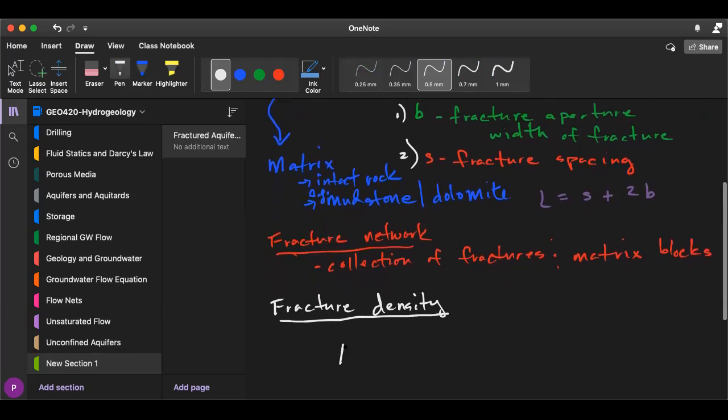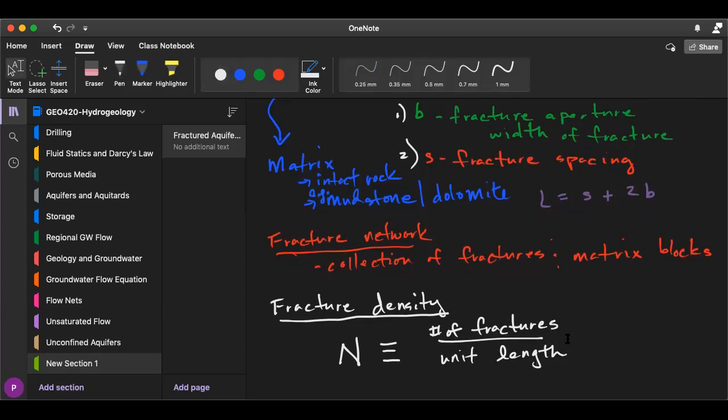So we're going to call that N. And it is defined as the number of fractures per unit length. So this would be, for example, fractures per meter, number of fractures per meter.